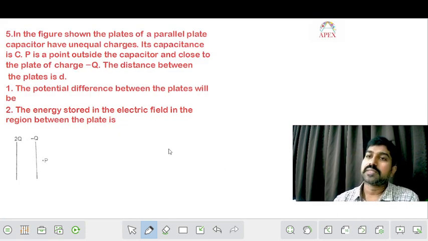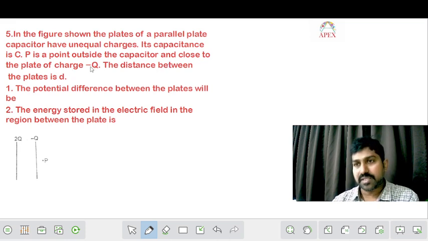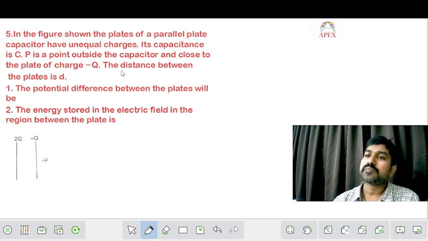Question number 5. In the figure shown, the plates of a parallel plate capacitor have unequal charges as in the previous problem only. Its capacitance is C. P is a point outside the capacitor and close to the plate of charge minus Q. It was also shown clearly in the diagram. The distance between the plates is small d.